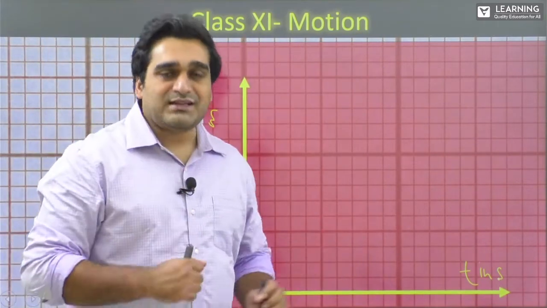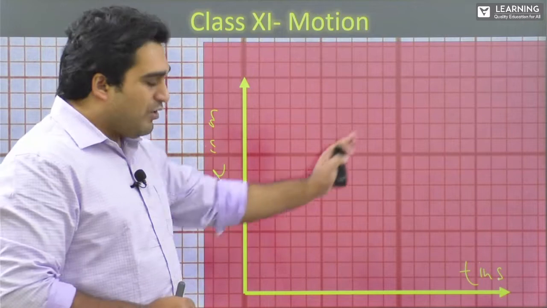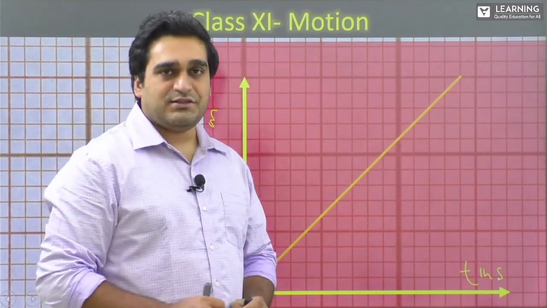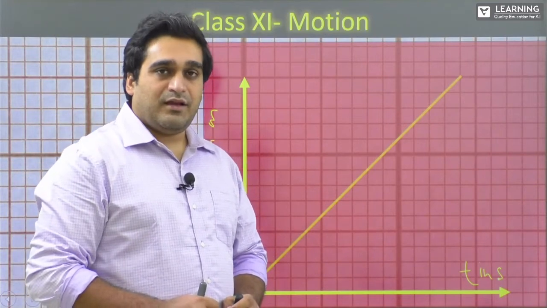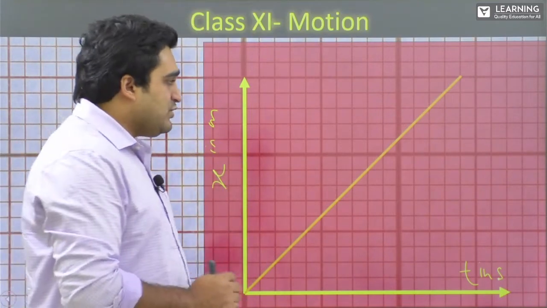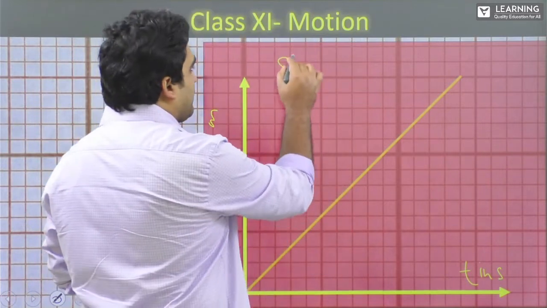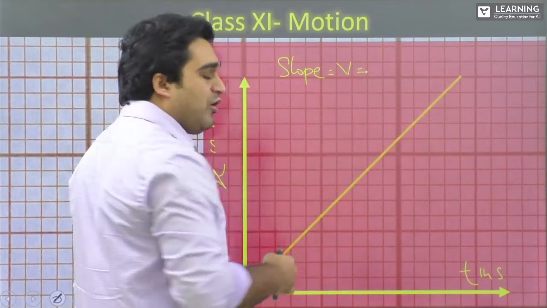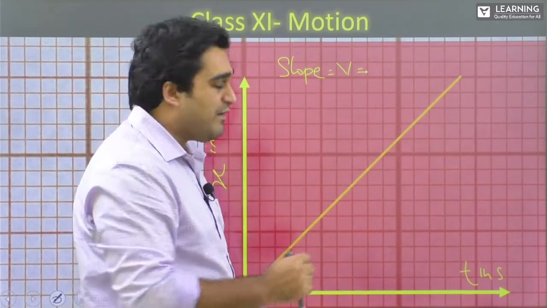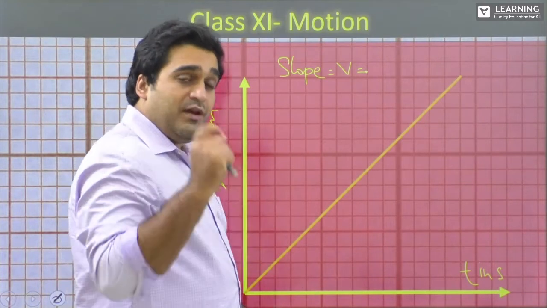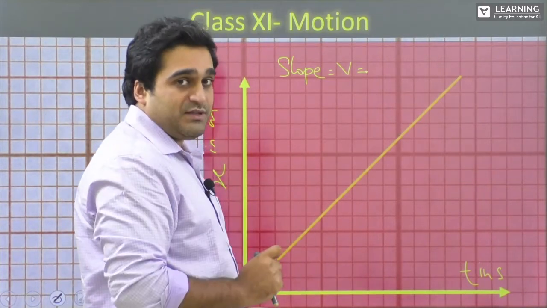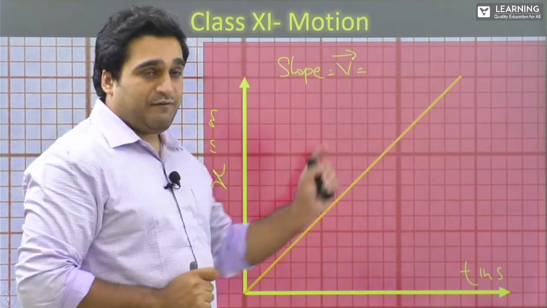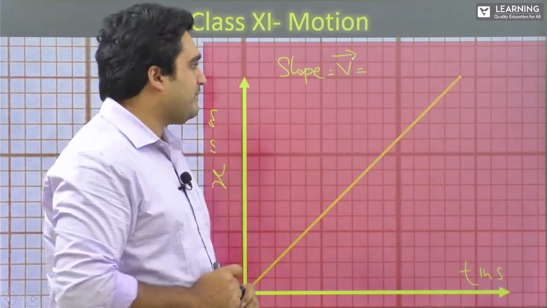After obtaining a set of points and plotting them on this graph, you can construct a straight line such as this. Now, the slope in this given case is basically v, called velocity, the symbol for velocity. To be even more specific, we represent it as a vector quantity, therefore an arrow overhead.